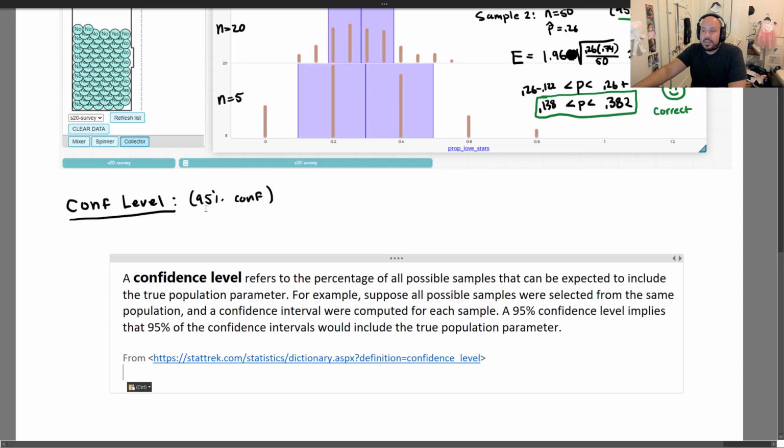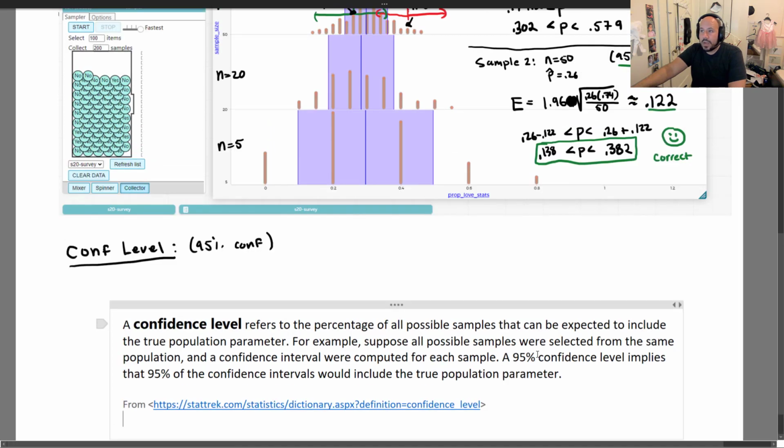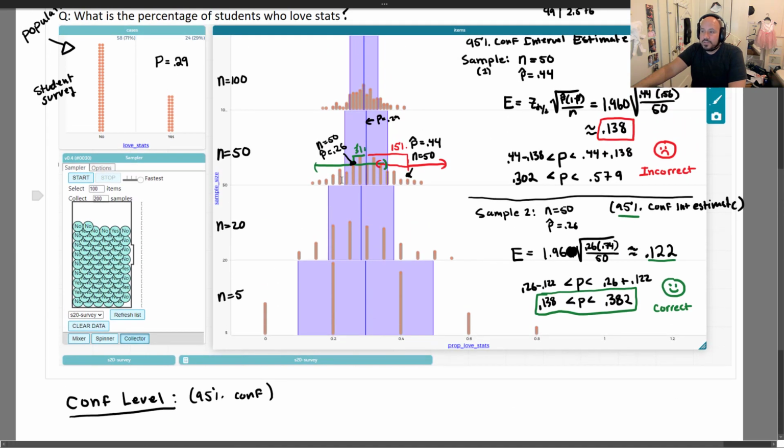And the example, and this uses the 95% confidence, is that a 95% confidence level implies that 95% of the confidence intervals are going to contain the true population parameter. Or in other words, 95% of these samples are going to be within the margin of error that I compute for each sample.